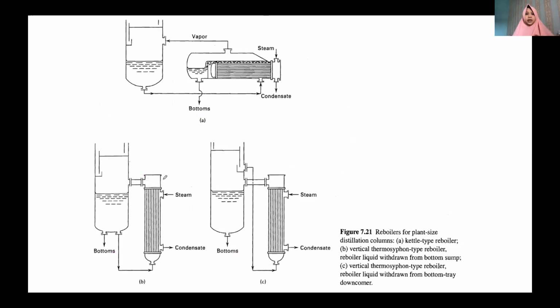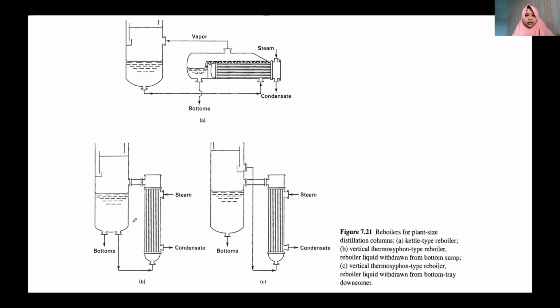This is also a type of reboiler. You may use it later when you use HYSYS, because there you need to choose the type of reboiler, and this will be helpful for the heat duty of the reboiler. The first one is typically a kettle type reboiler.